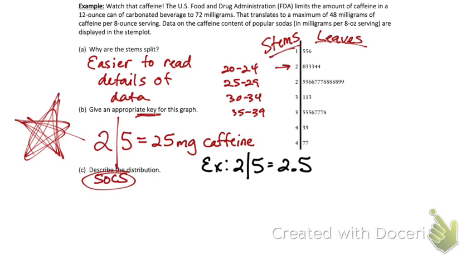Always make sure you're looking at it from lowest to highest, left to right. So what shape do you see in this distribution? Yep. I would definitely say that this is probably a slight right skew. So my shape is a slight right skew.